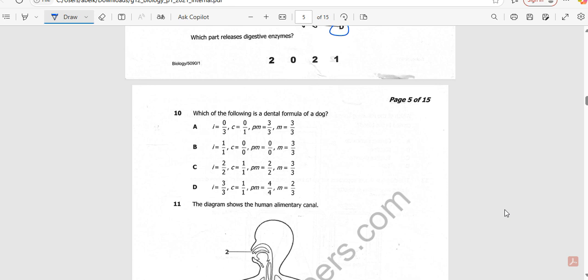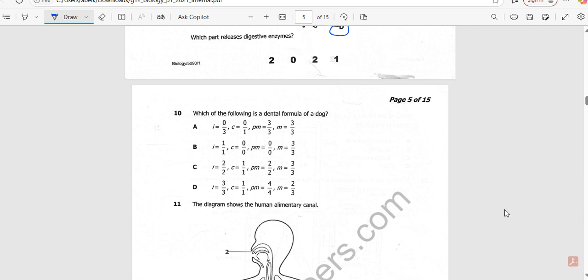10. Which of the following is the dental formula of a dog? So remember, whenever I find a dental formula, I just need to know how many teeth that particular animal has, then multiply by 2.